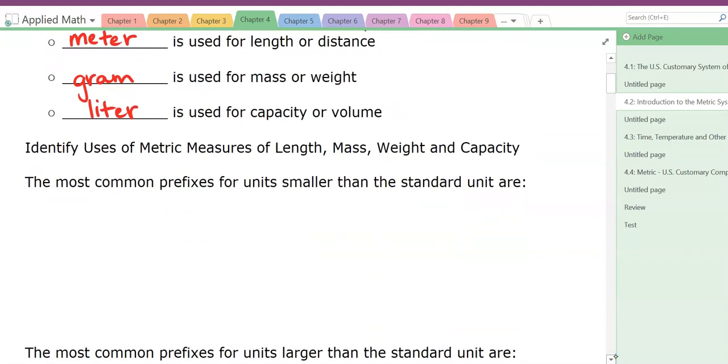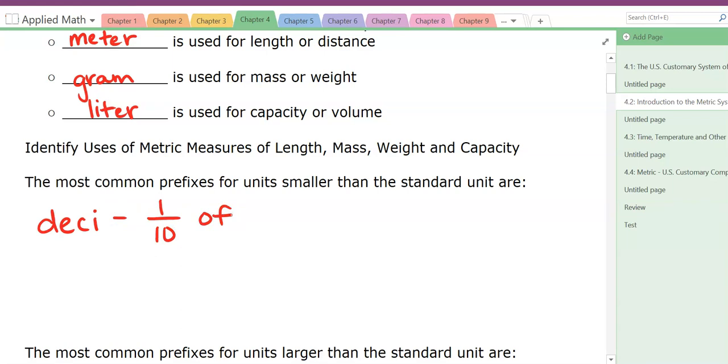So the first thing we're going to do is go over some of those prefixes and what they mean in relation to the standard unit. Some of the most common prefixes for units that would be smaller than the standard, so smaller than the meter, the gram, the liter. One prefix would be deci, D-E-C-I. That means 1/10 of.